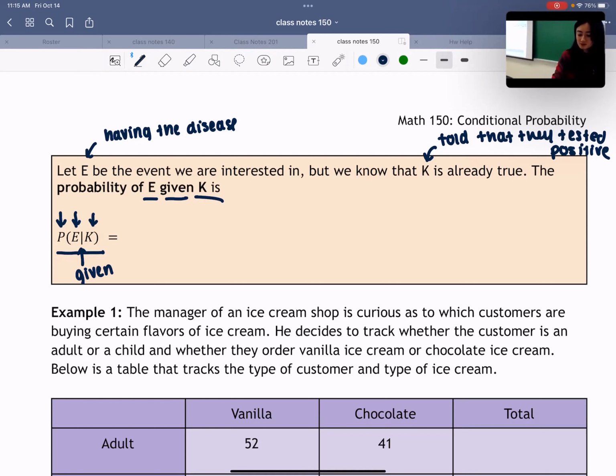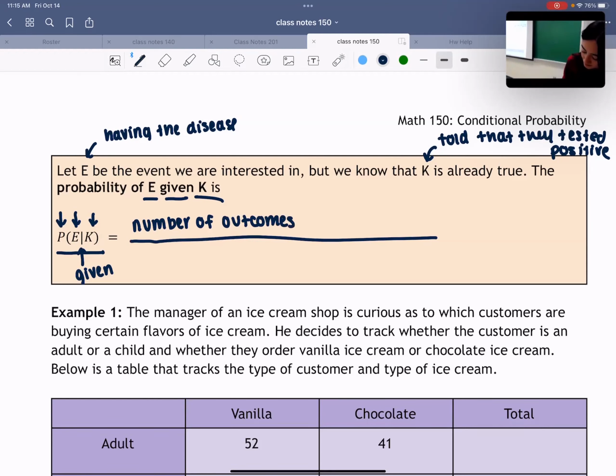Now, this is the formula, and it looks a little bit weird because I don't like variables and weird symbols in my formulas. I like to just write out what it means. So on top, we're gonna count the number of outcomes where both E and K are true.